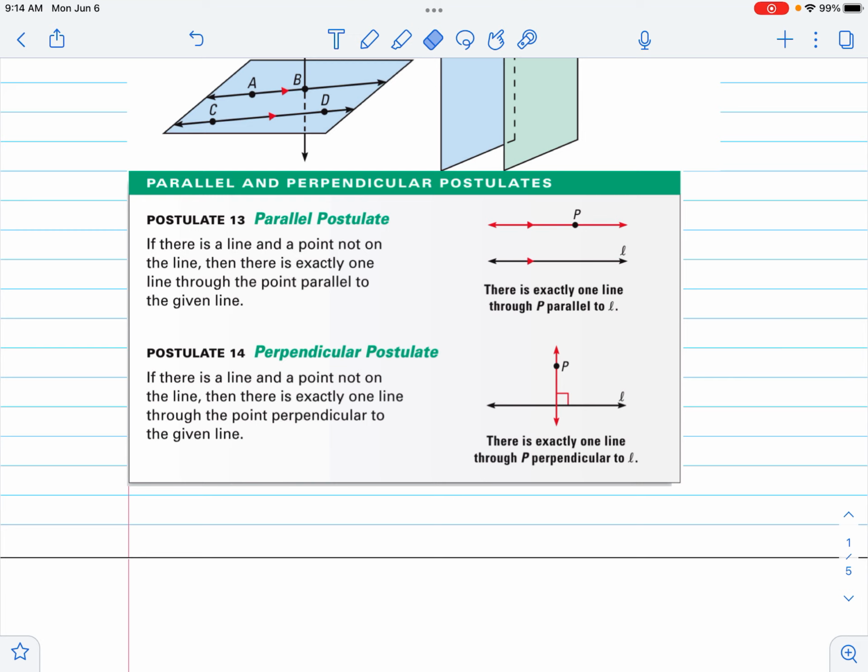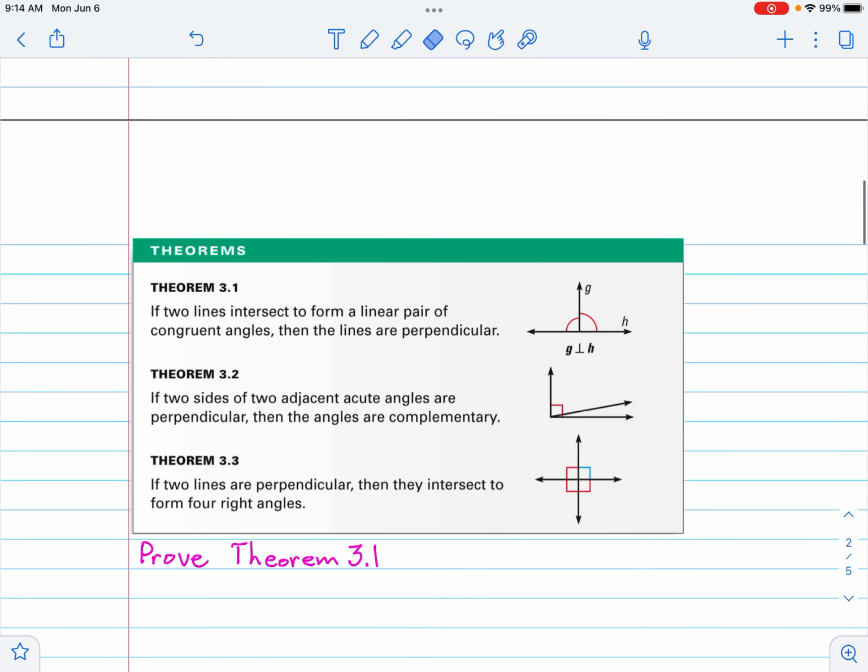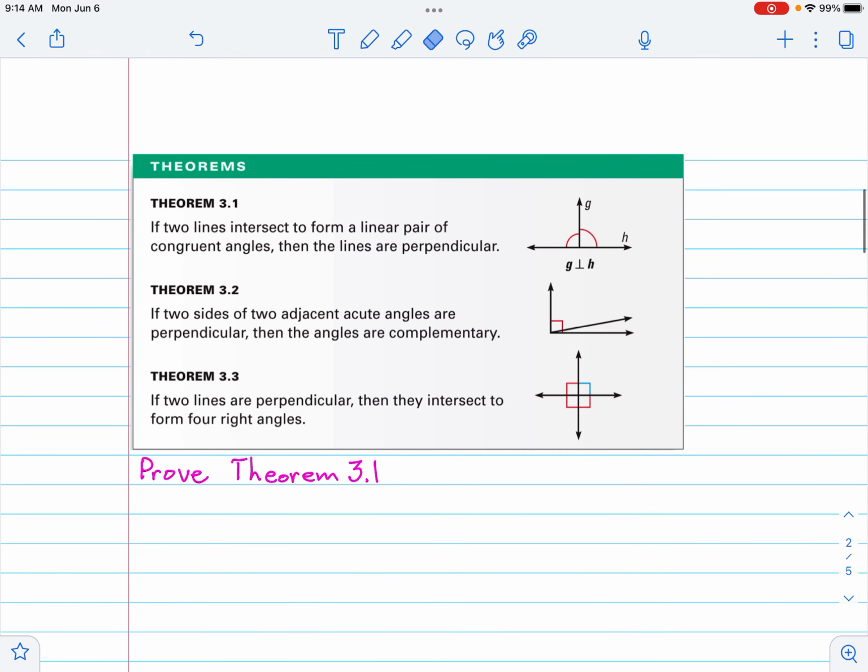You have these formal statements that seem intuitive. Now, let's look at some theorems. These are theorems relating to perpendicular lines. And you notice the perpendicular because they've got that little symbol here.